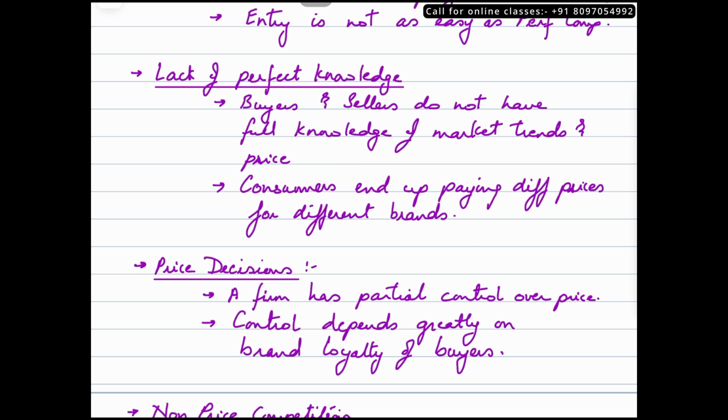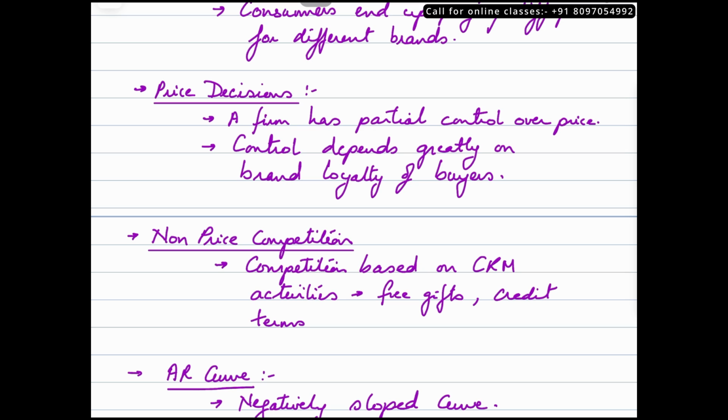The pricing decisions here are not completely dependent upon the firm or the market as such. So a firm has partial control over the price. However, how much of this control is in the hands of the firms would depend upon how loyal the consumers are towards a given seller. So the greater the brand loyalty, the greater would this control be.